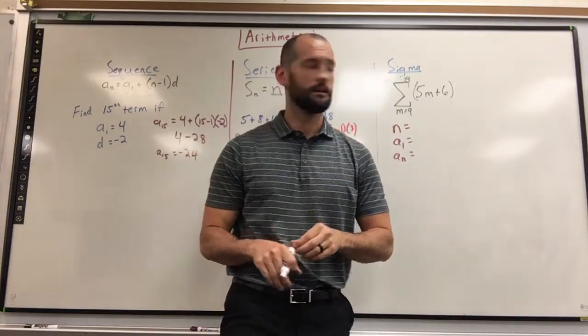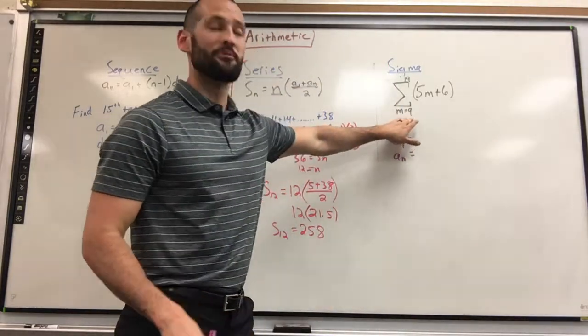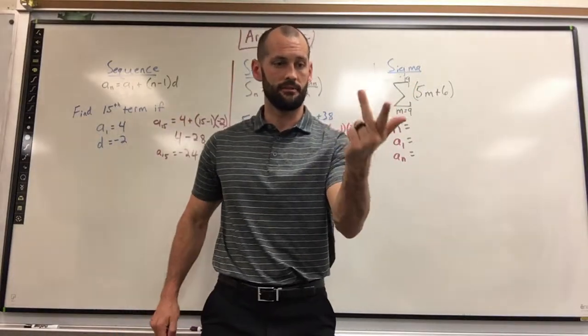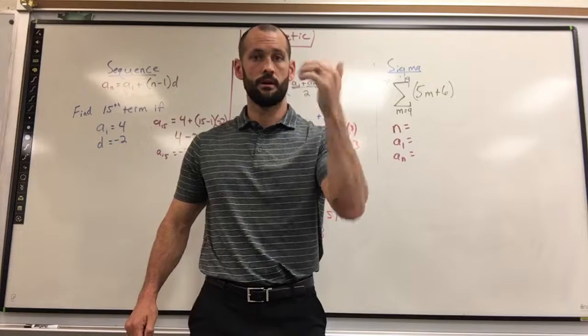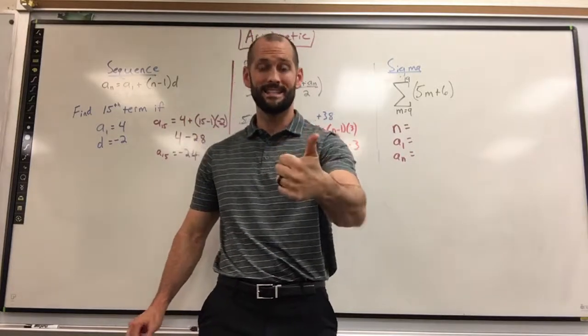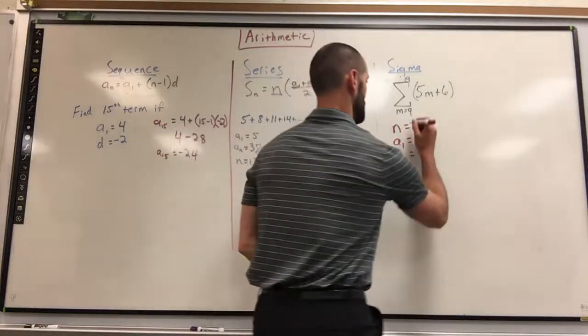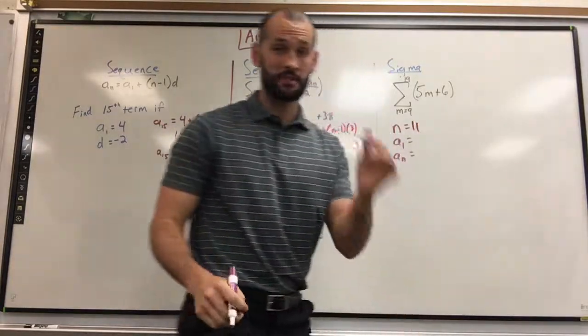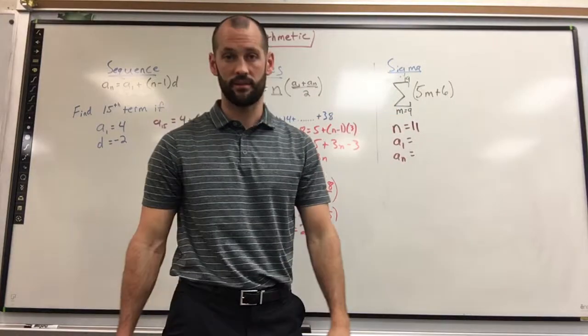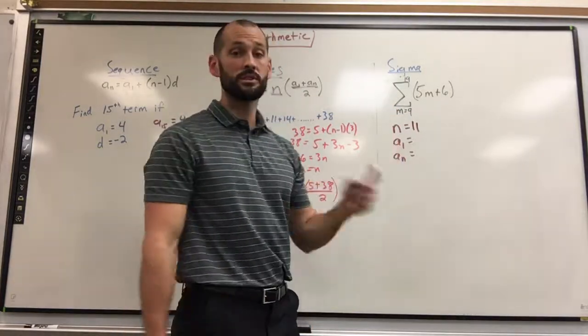If I go from 9 to 19: 9, 10, 11, 12, 13, 14, 15, 16, 17, 18, 19. There are 11 terms there. If you don't want to have to go through and count, we talked about top minus bottom plus 1 giving us that. A sub 1 is your first term.